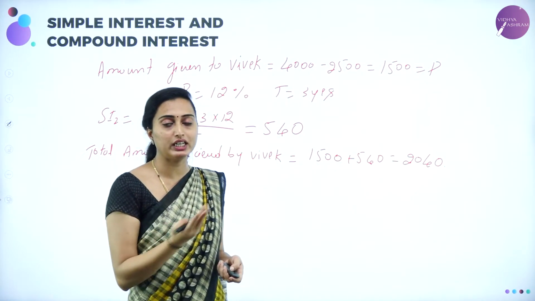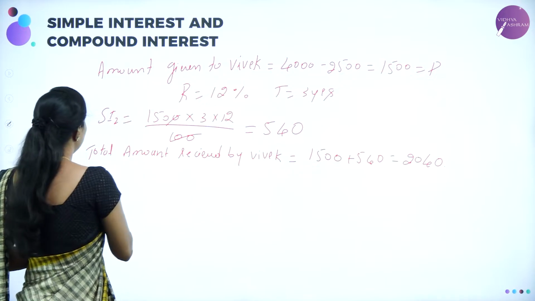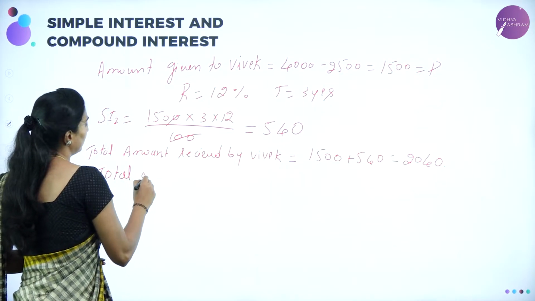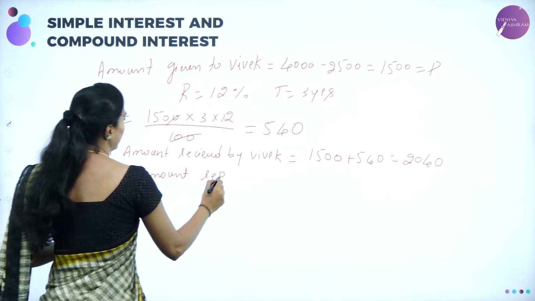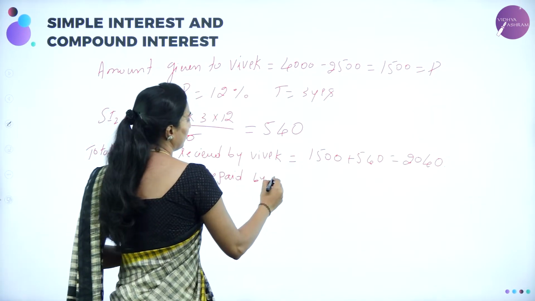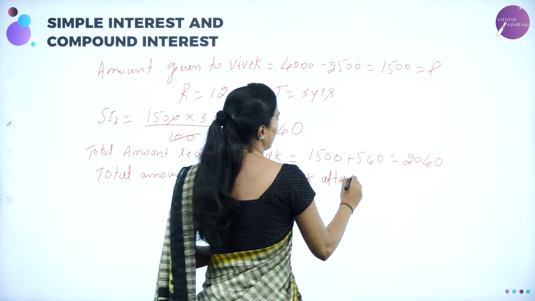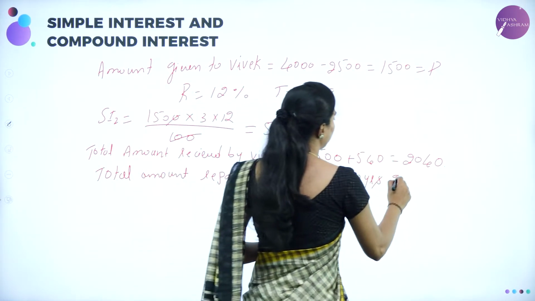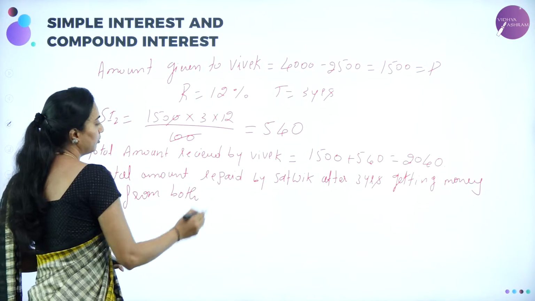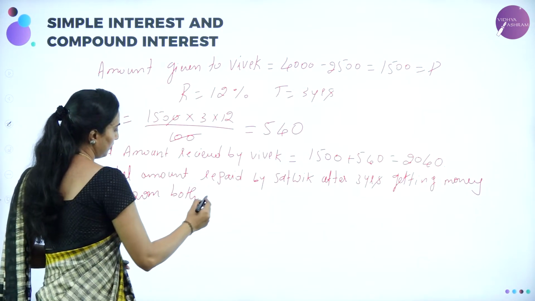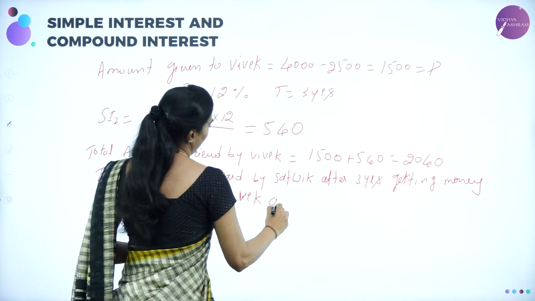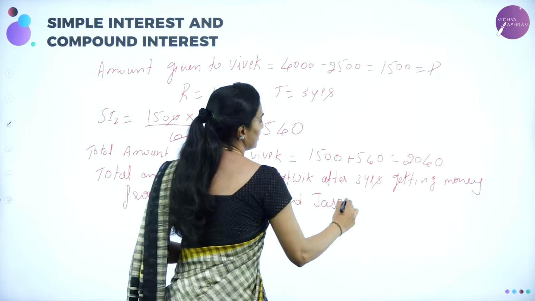So we can have it as the total amount repaid by Satvik after 3 years, getting money from both Vivek and Jason.